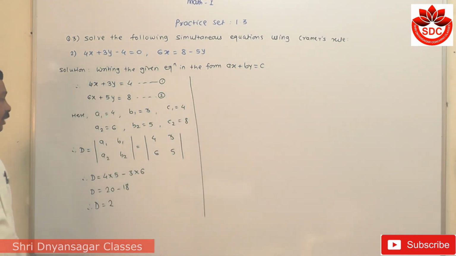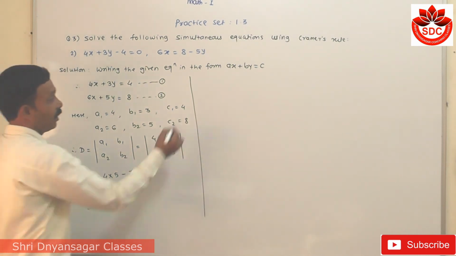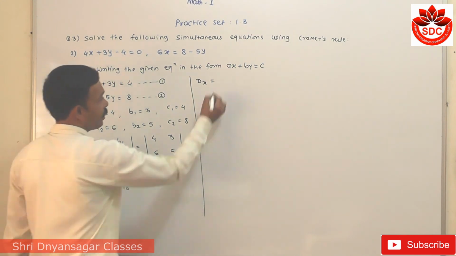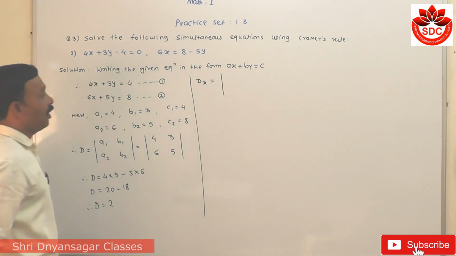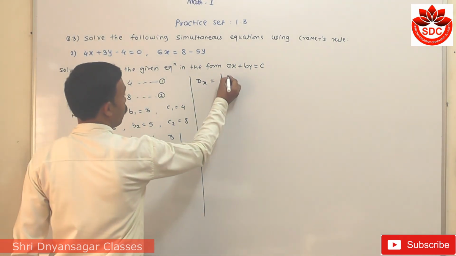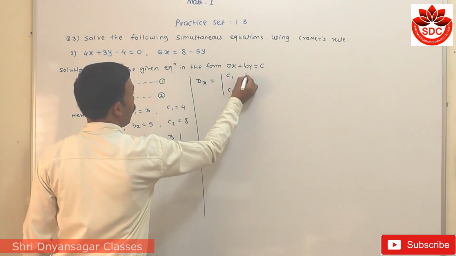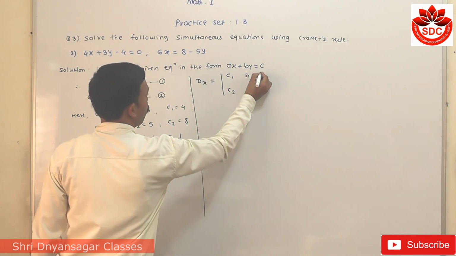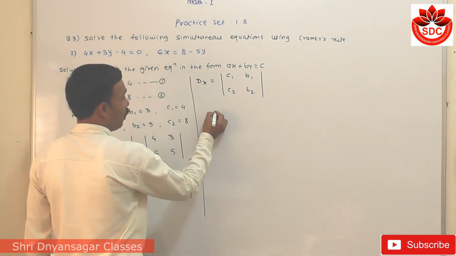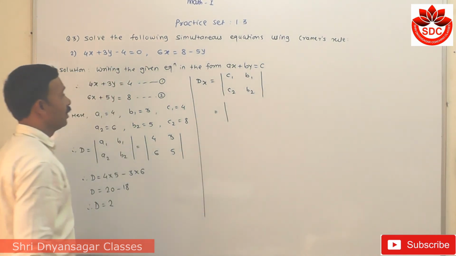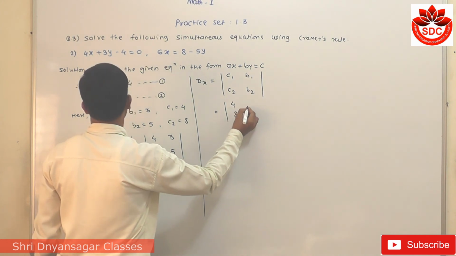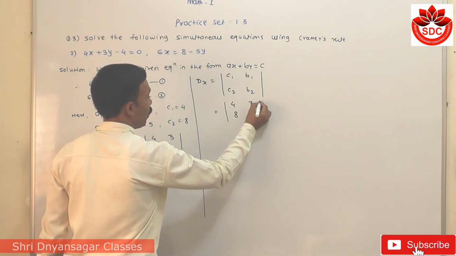Then we can find out the value of determinant of x. Now the rule is that for finding determinant of x, dx is equal to, replacing a1 a2 by c1 c2, so that c1 c2, and here is b1 b2. Now when we put the values, c1 c2 is 4 and 8, and b1 b2 is 3 and 5.